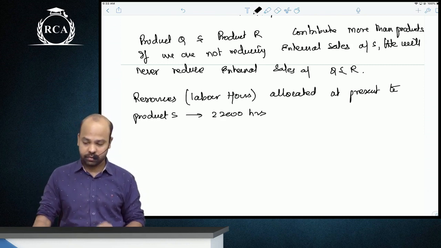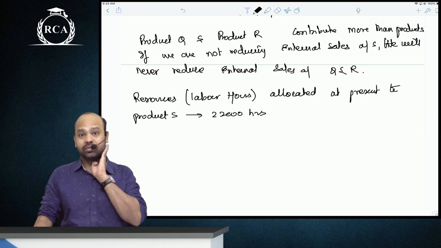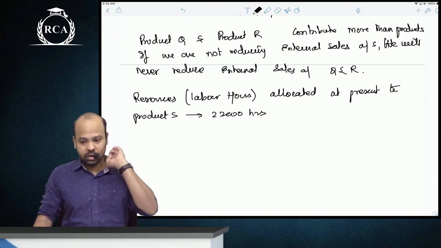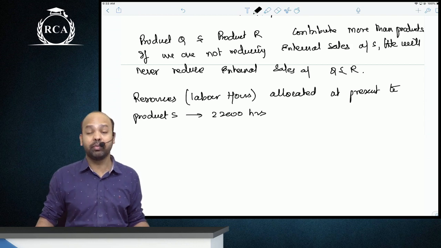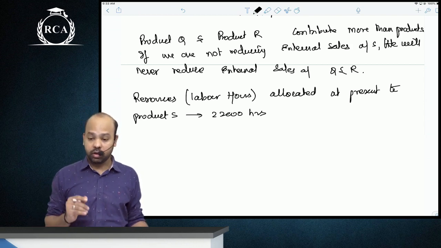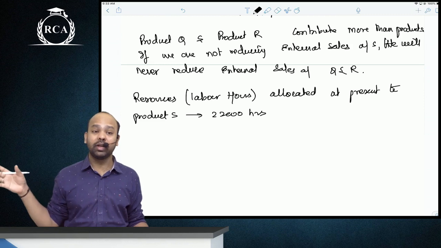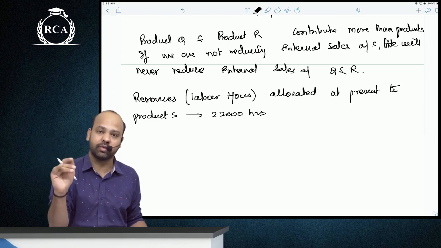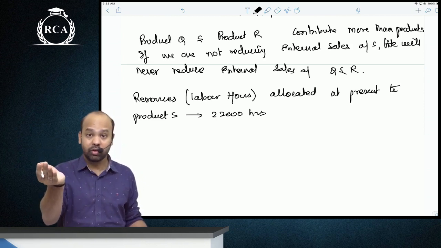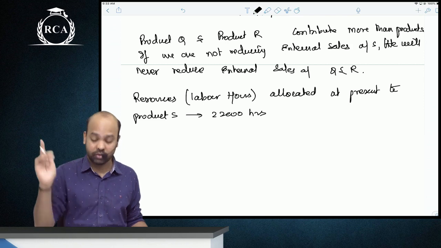Right now we are already manufacturing 18,000 units of product S to meet external demand. So for another 2,000 units there is no increase in specific fixed cost. But if I go beyond 2,000 units of product S, specific fixed cost will increase.